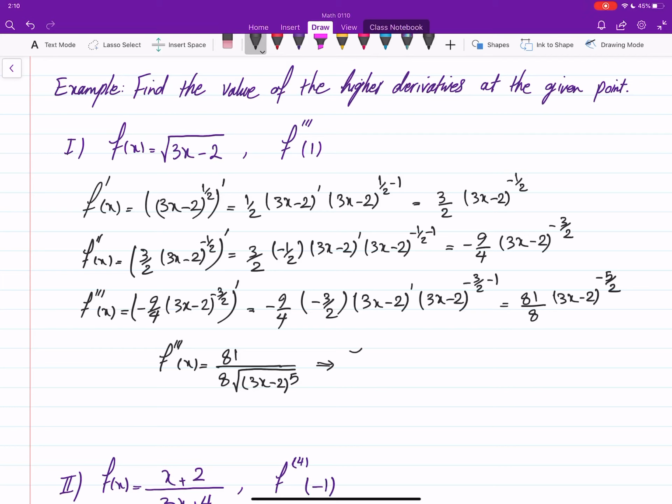And then f triple prime at 1 is going to be equal to 81 over 8 times the square root of (3 times 1 minus 2) to the power 5. 3 minus 2 is 1. 1 to the power 5 is 1. And then square root of 1 is just 1. So this will give us 81 over 8. That's what we have here.